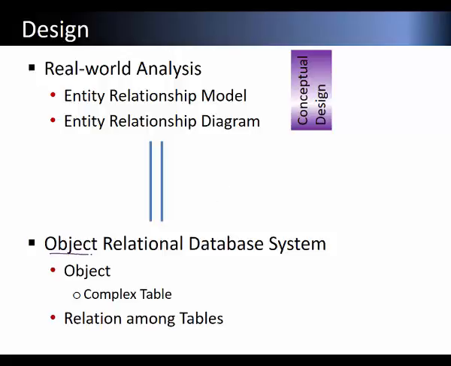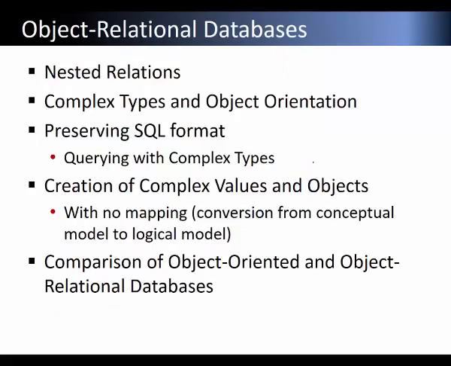If we think of an object relational database, then by having this ER diagram, it can be converted to an object relational database directly. There's no additional mapping process required, like logical design, right? An object relational database can cover nested relations, complex types, but still preserve SQL, complex values and objects.